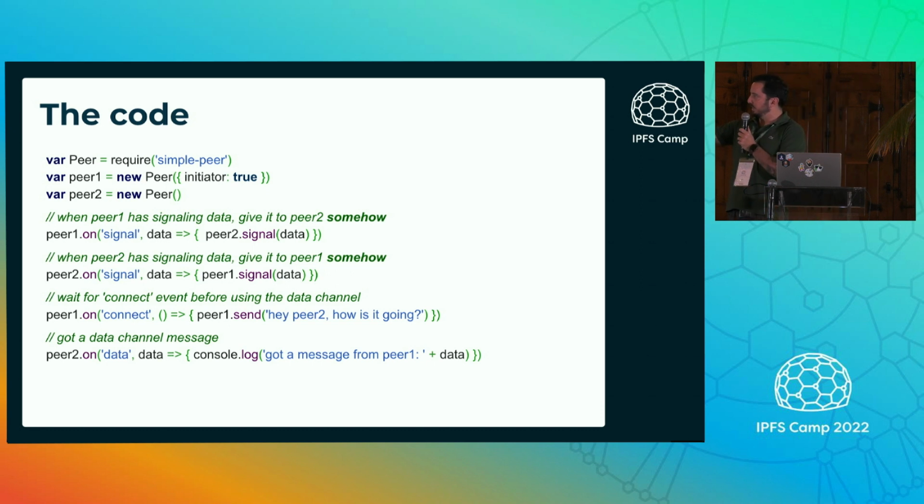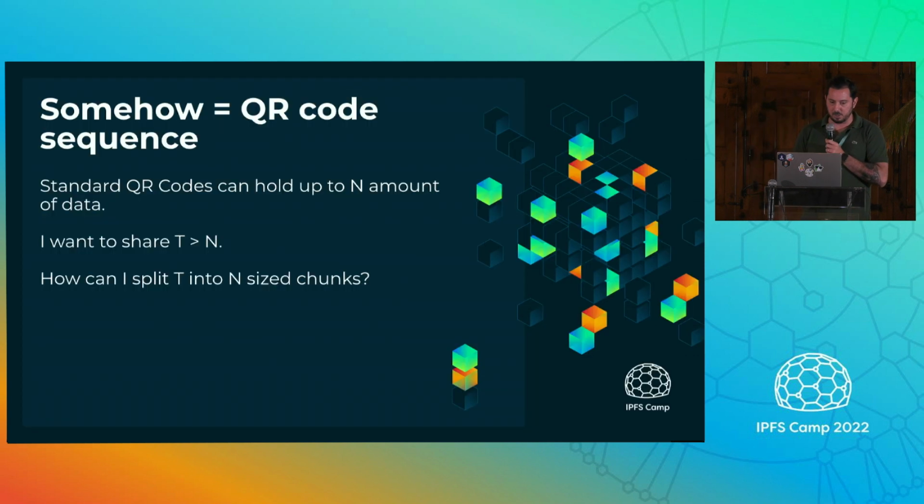Whenever peer 2 receives that offer, it emits its own signal event, which holds the answer. Again, somehow we make that answer available to peer 1, and then both peers emit a connect event, at which point they can start sending messages over the data connection.